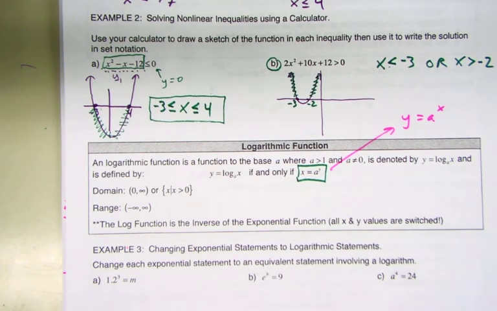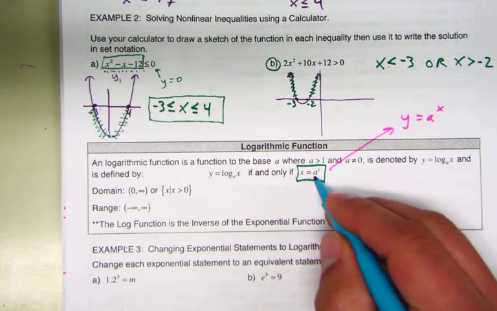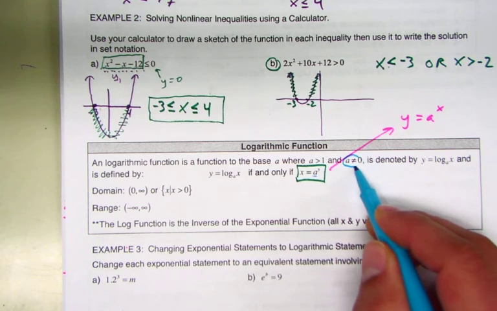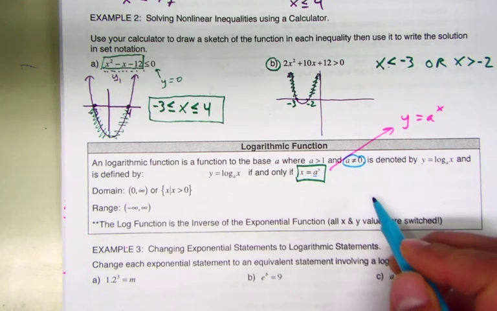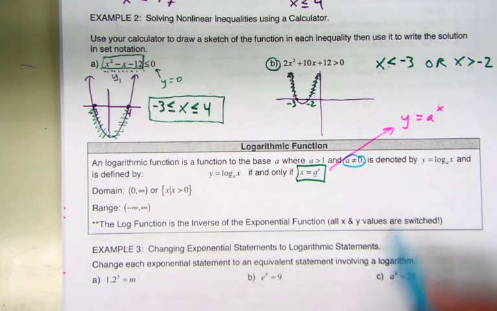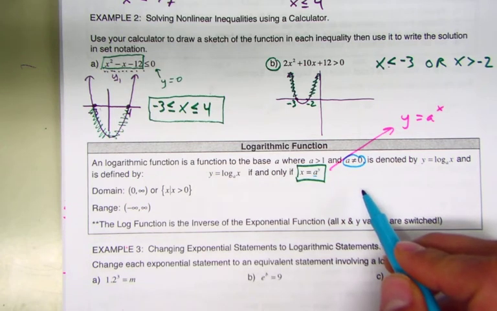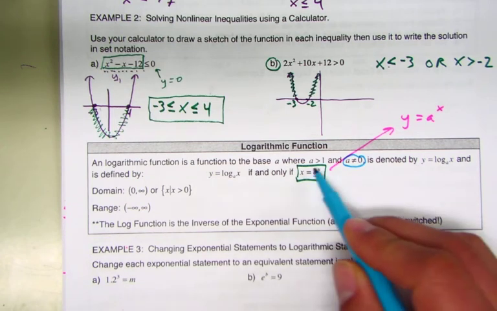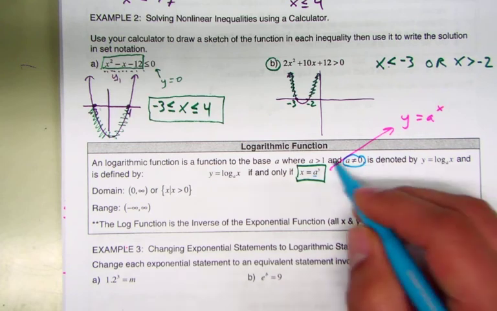But let's write down, or highlight anyway, the restrictions. The base of the exponential function is never equal to 0. You know what? I don't think that's correct.